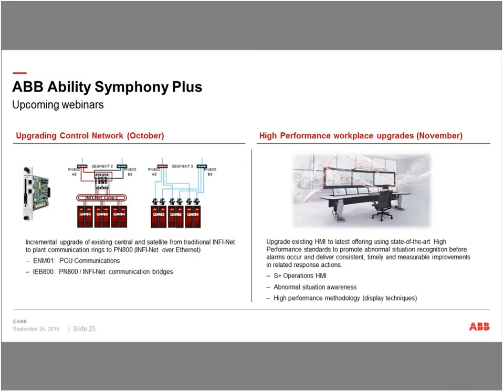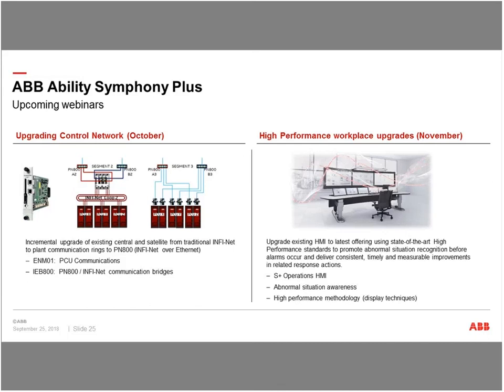There's a module called SPENM01, so we'll go into the details of that. We'll also talk about the IEB 800, which is your Infinet to Ethernet bridge, and how they coexist together and how we can work to upgrade the backbone from the coax to Ethernet. So that's going to be in October.